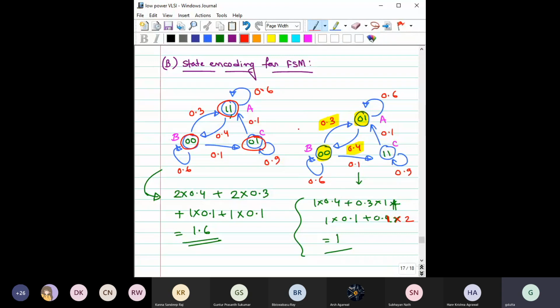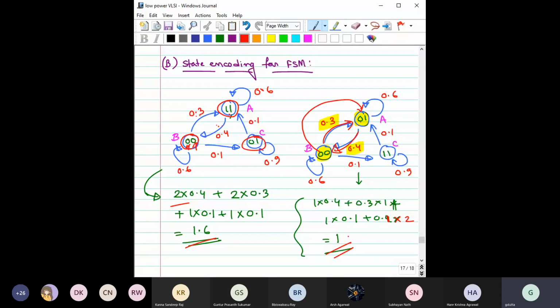In the last class we discussed this, and we saw that we have to define the states such that for the states with the highest transition probability, we assign the smallest number of changes between the two states. For example, here the transition probabilities are 0.3 and 0.4, and both bits are changing, so the total transition is 1.6, whereas for this the total transition becomes 1.